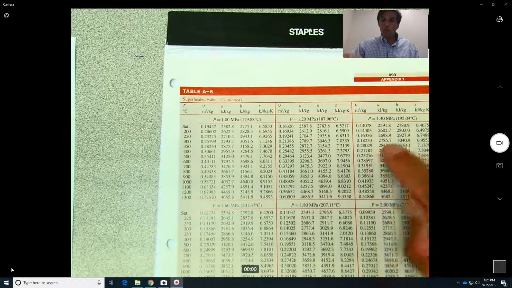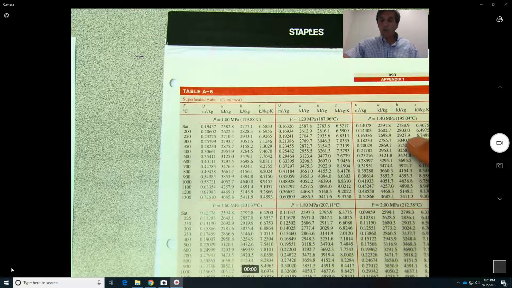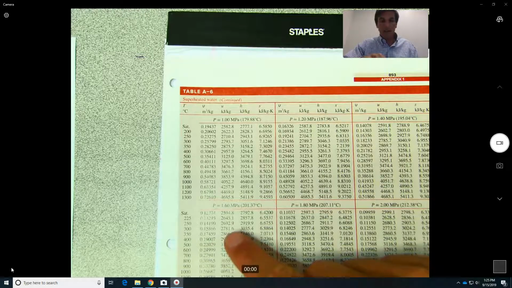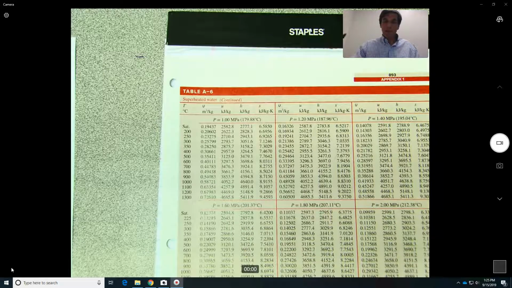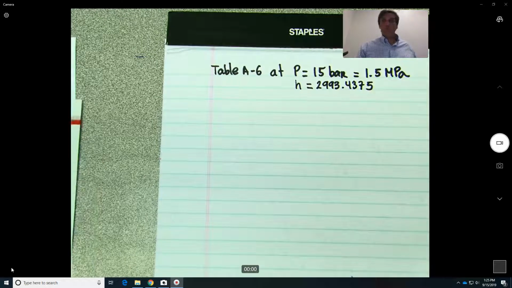See if I can zoom even a bit more. Okay, so look at the 250 here, H 2927.9, 3040, 250, and here we have 2919.9, 3035. Okay, so all right, so let's do all those calculations here.